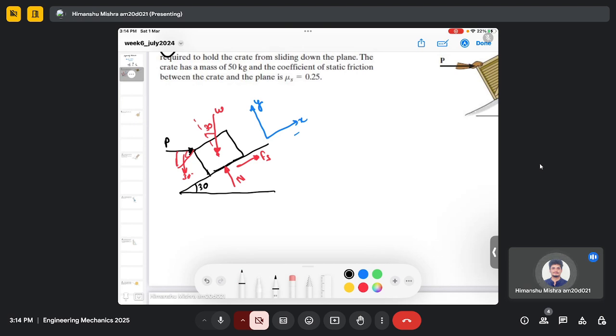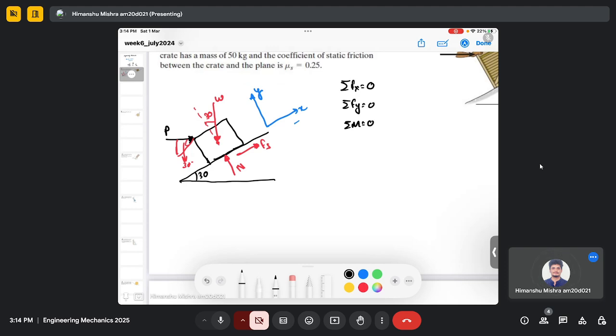So this is the free body diagram we have considered, and using the conventional equilibrium equations that we have been solving for weeks, we can find the unknown force P.